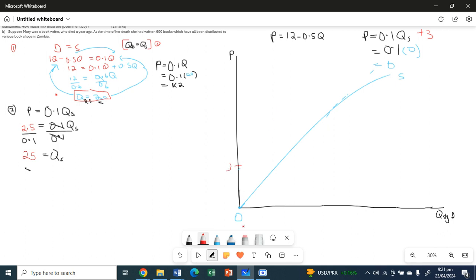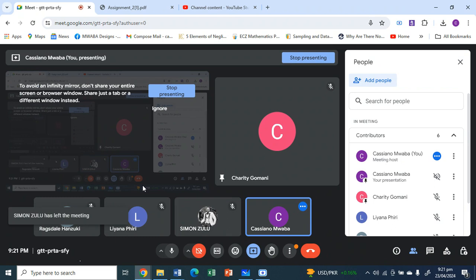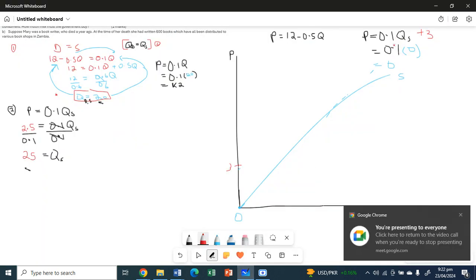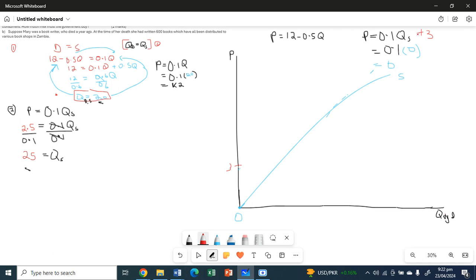If it's one where you just have a number attached to the variable, you can even assume that the supply curve starts at the origin, because if you equate Q to 0, P is also going to be 0. But if your supply equation has a plus something else, it will start somewhere apart from 0.